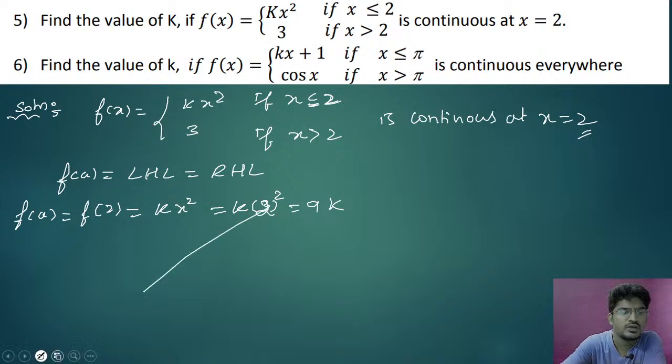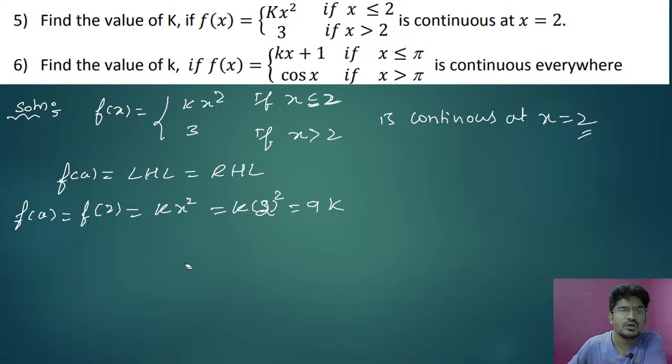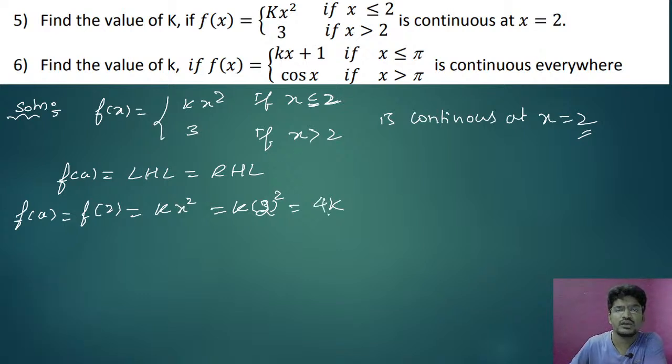It is not 3, it is 2. Therefore it is not 9k, this is 4k. So you can take this as 4k. Clear?